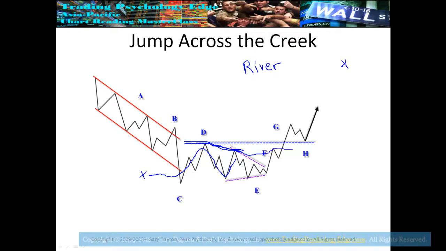Comes up to this point here and sees, boy, the river has thinned out. It was really wide and fast over here. Now I can probably jump across it if I get a running start. So that's what he does. He gets a little bit of a running start, runs across, jumps across the creek, gets across.